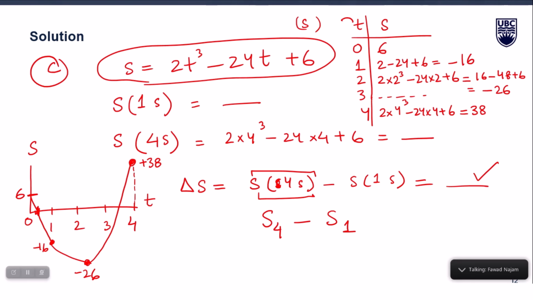Then it changed its direction and again started coming towards me, passed me again at this particular time instant, and then goes again to my right as much as 38 meters at the end of the 4th second, right?